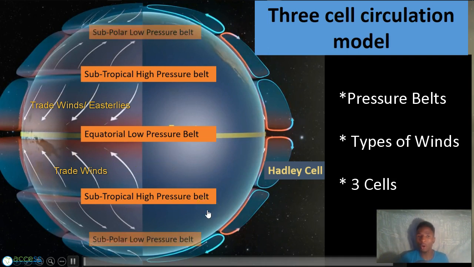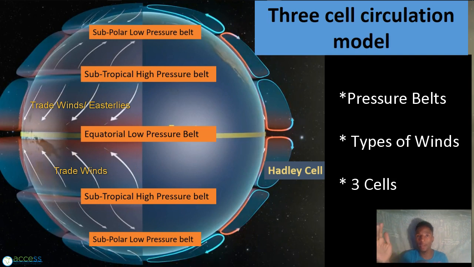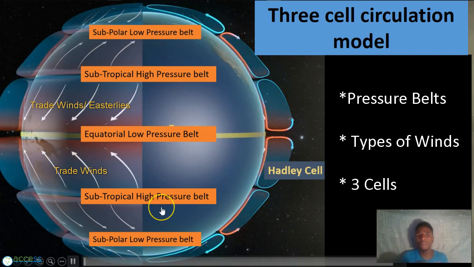Moving right along, we have a subpolar low pressure belt. This subpolar low pressure belt is created because the air is converging, coming from the subtropical high pressure belt, and there is another air coming from the polar regions.